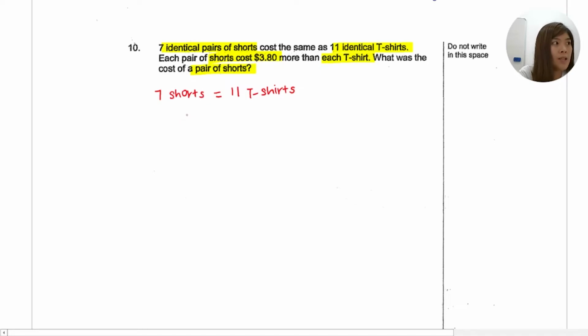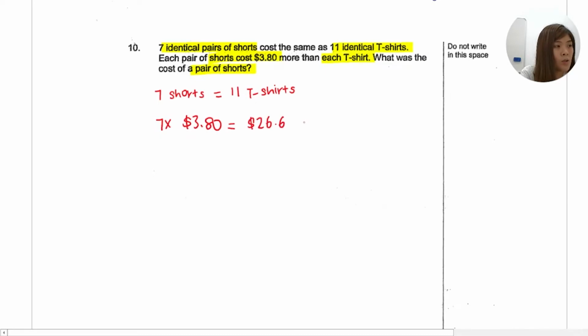Okay, then you have 7 identical pairs of shorts, right? So you try to find what is the difference. You take 7 multiplied by 380, and from here you will get 2660.